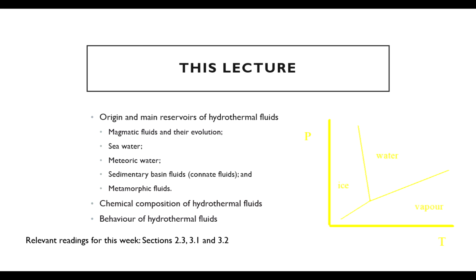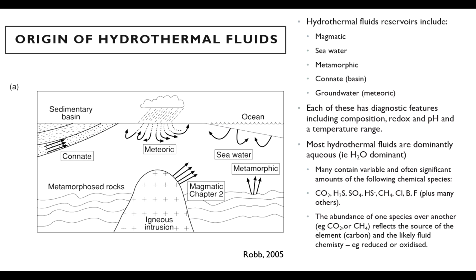So we've gone through the main reservoirs, and we'll start to get more into the behaviour of hydrothermal fluids and their chemical composition and why that matters for metals, and also for alteration, which we use as a vector to look for metals. So we've seen this diagram before.